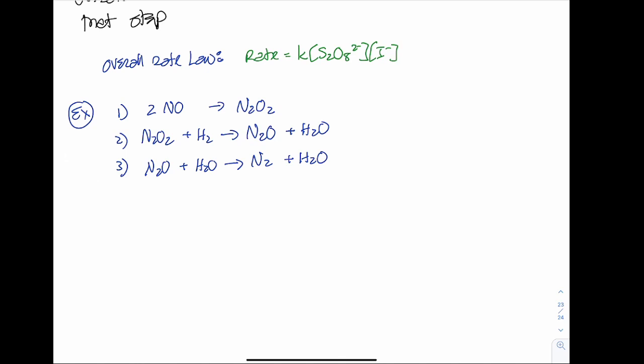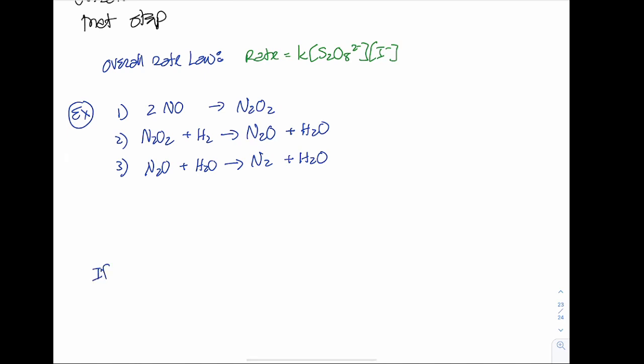So we're going to determine the overall reaction, the molecularity, we're going to write the rate law for each step, identify any intermediates and a catalyst, and then also, I'm going to move this down a little bit because I want to write my answer for my net right after my elementary steps.